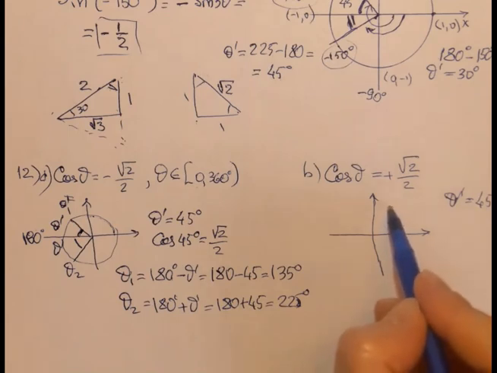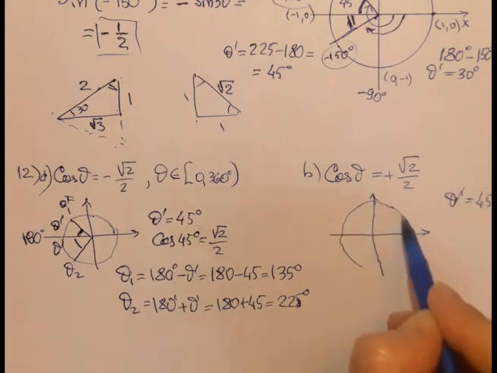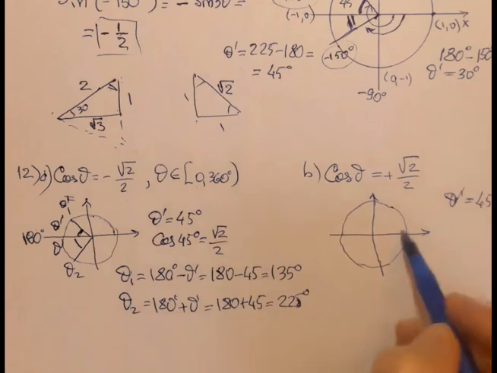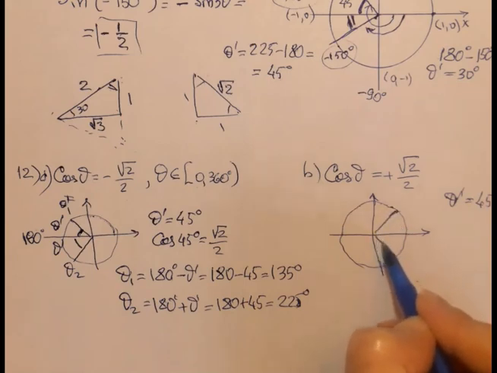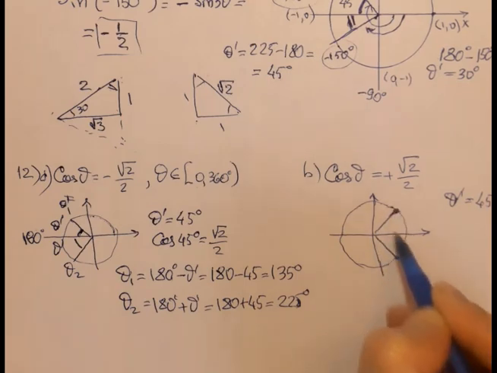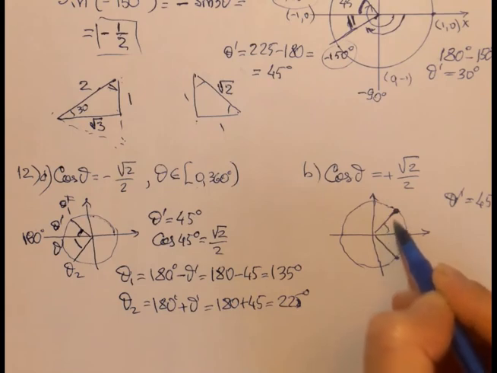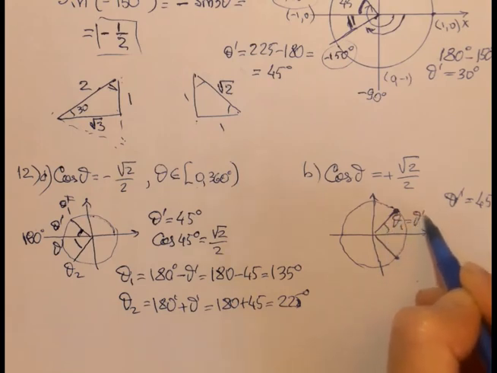Angle is positive, but we still have two solutions of this equation, since cosine can be positive in the first and in the fourth quadrant. So we have two angles, 45 degrees, theta 1 equals theta prime equals 45 degrees.